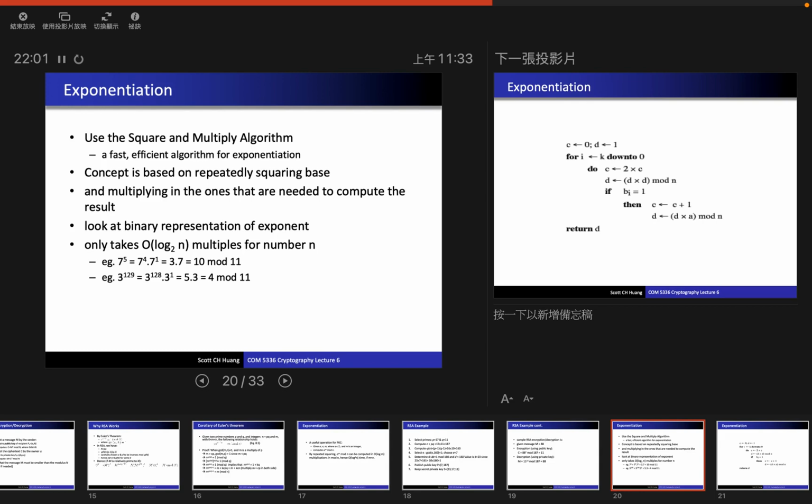Otherwise, there's no way you can implement RSA, right?